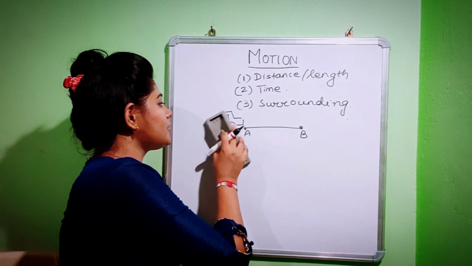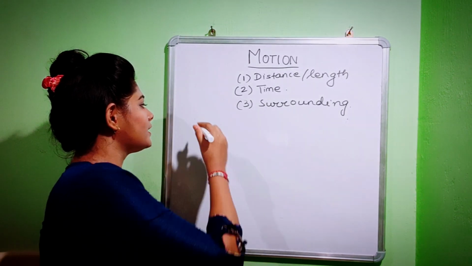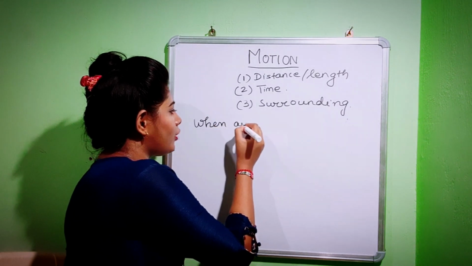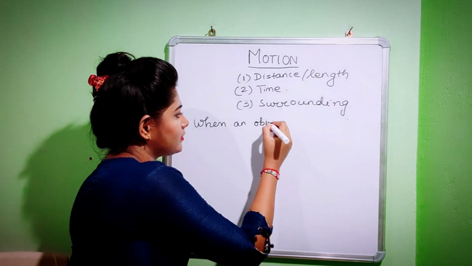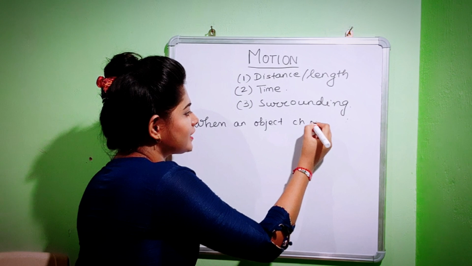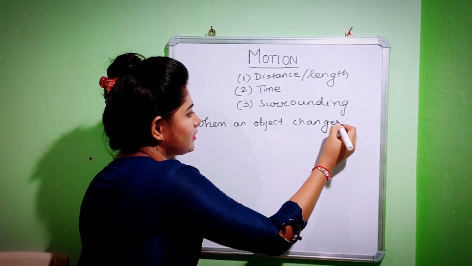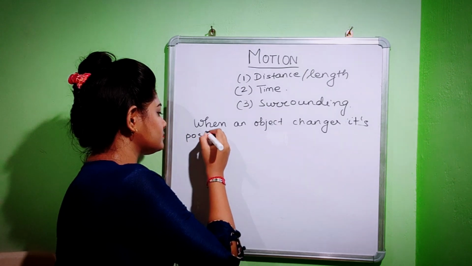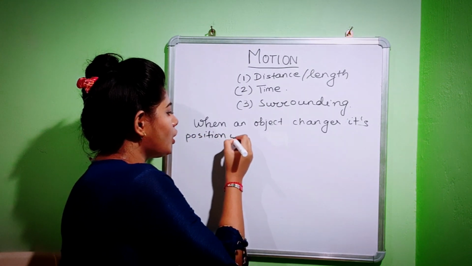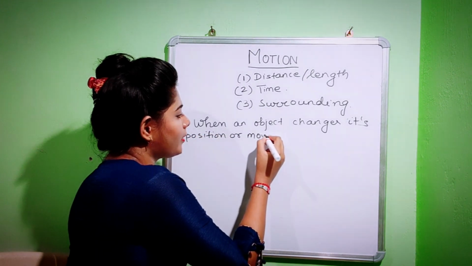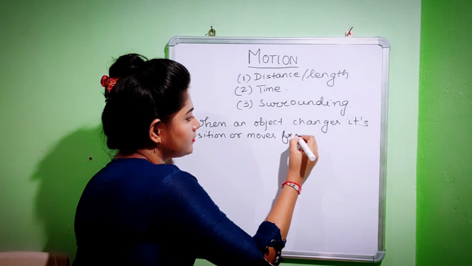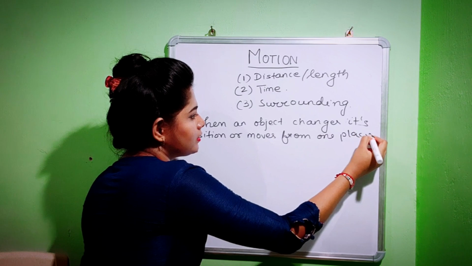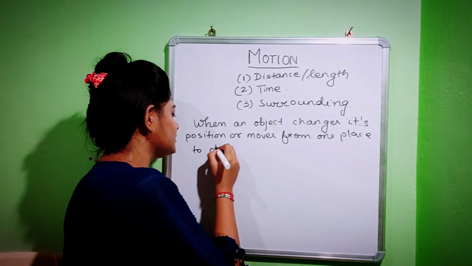So the definition of motion is: when an object changes its position or moves from one place to other.